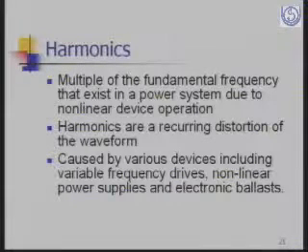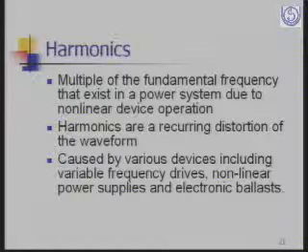Harmonics basically is a multiple of the fundamental frequency that exists in a power system due to non-linear device operation. Generally we have linear devices, but all the computers and electronic equipment, thyristors, etc. are non-linear devices which cause a variation in the waveform of the power supply.